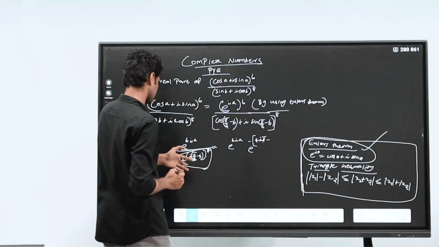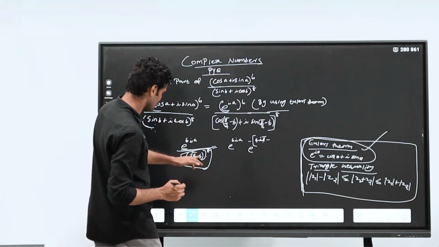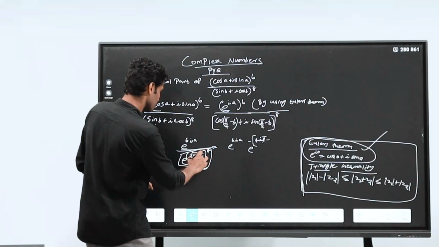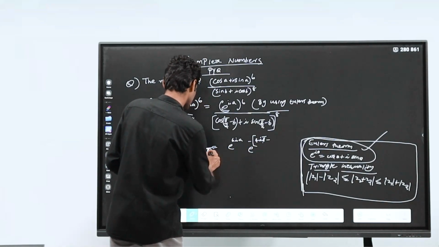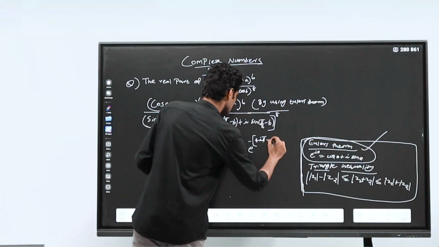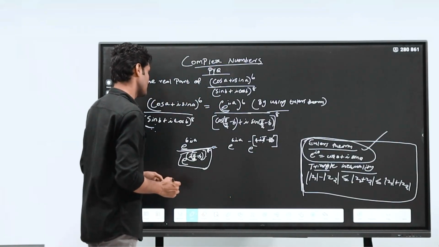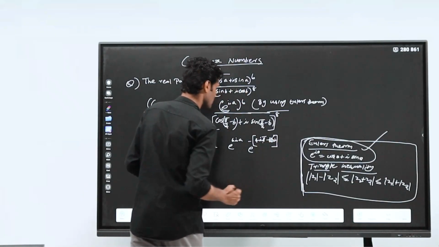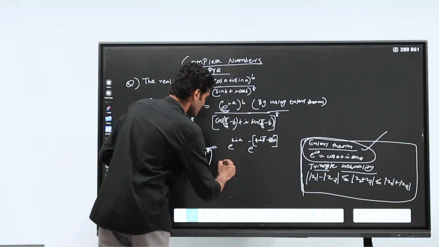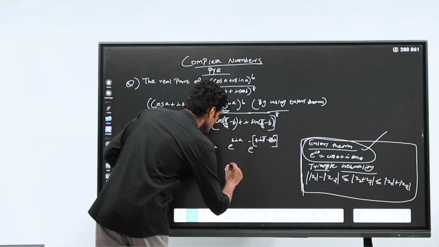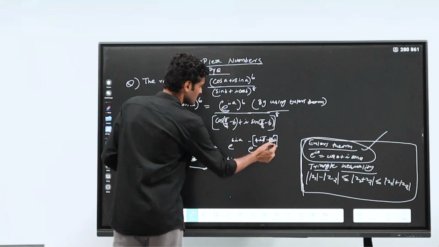Then minus, here it is e raised to minus b multiplied by 8, so e raised to minus 8b times i. From here, e raised to 6ia, and we can also take the third term.